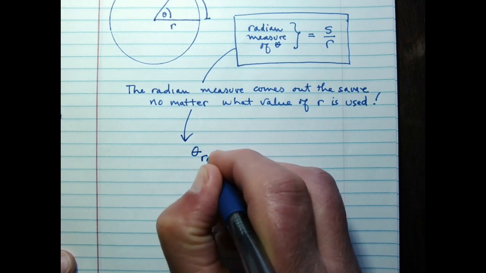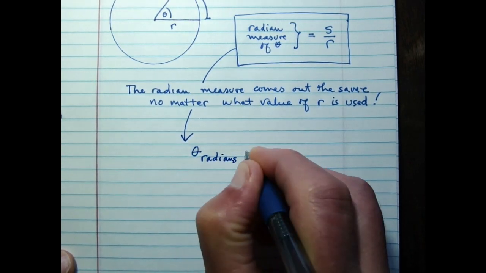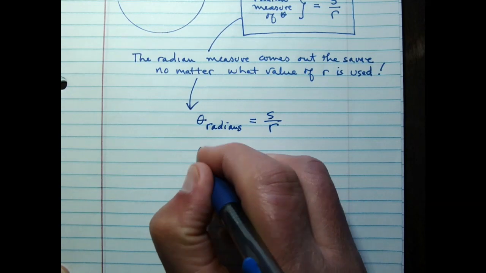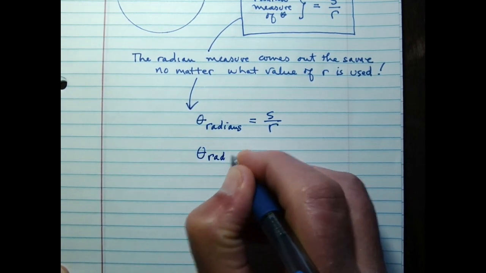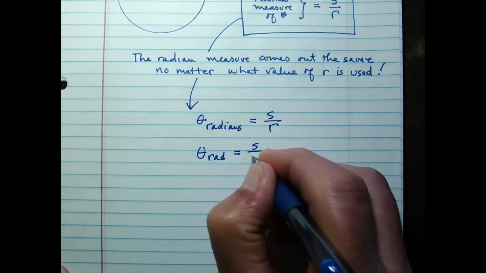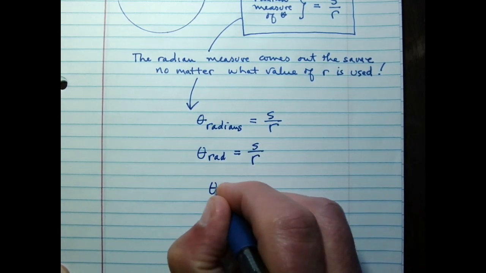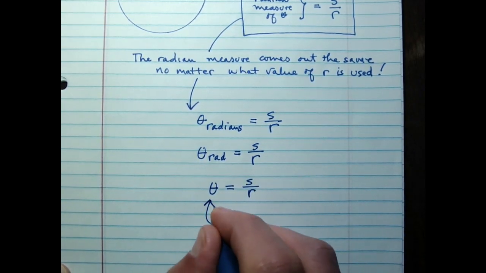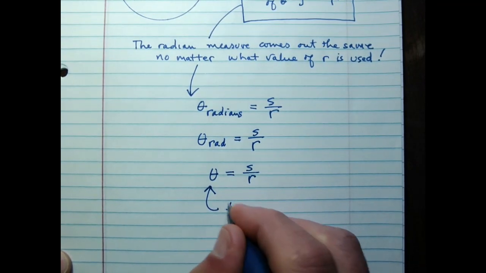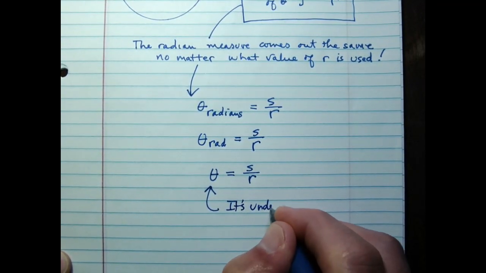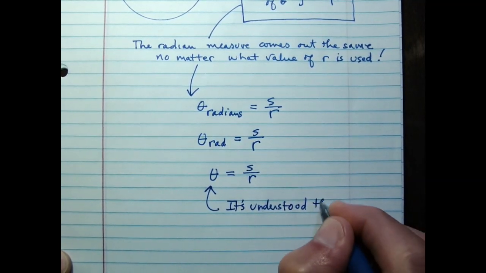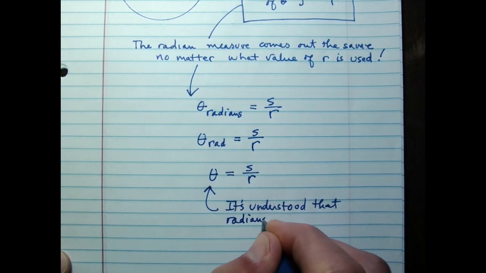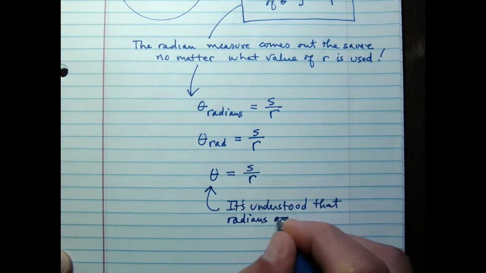You might write theta in radians is S over R. Some books, I think our textbook sometimes, writes theta sub RAD as an abbreviation equals S over R. And sometimes you'll see just theta equals S over R. And when you see theta written in this way, it's understood that radians are used here.